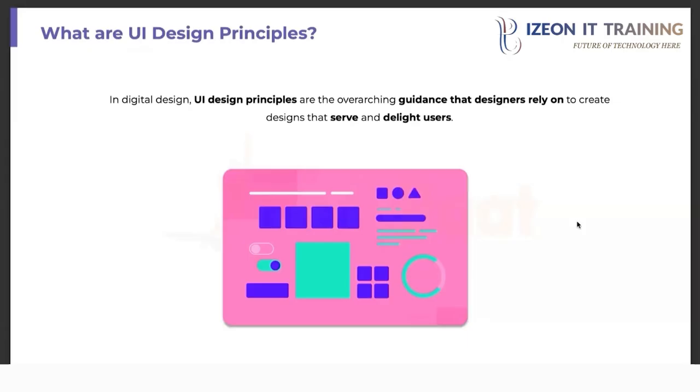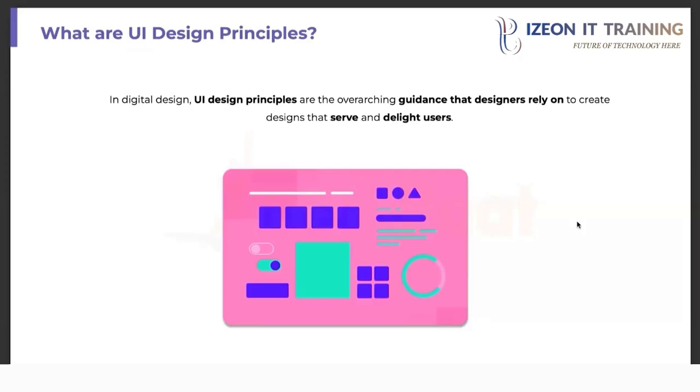You can create a button which is very huge, but maybe that's not required, or you might not have any rationale behind it. Or you might create a button very tiny and the user is not able to click on it, there will be fat finger problems, all of those things.